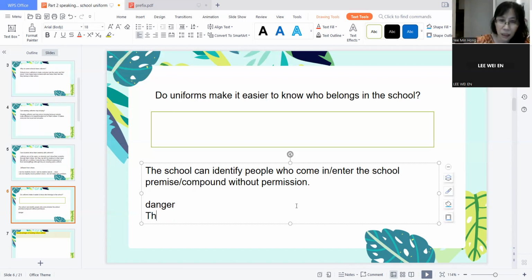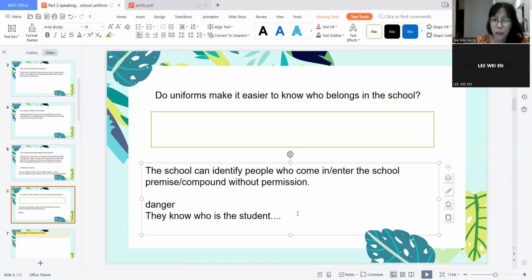Okay. They know, there's another one, they know who is the student. So maybe you can change the sentence to be better. They know what?